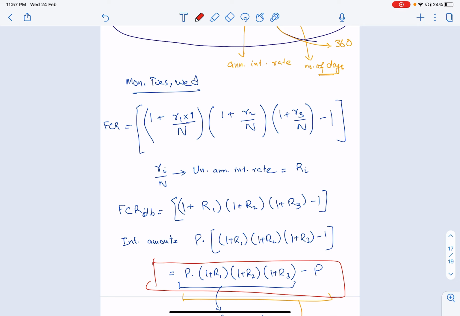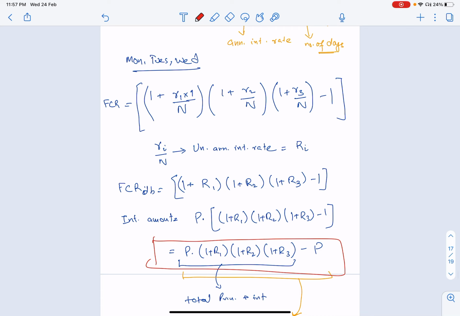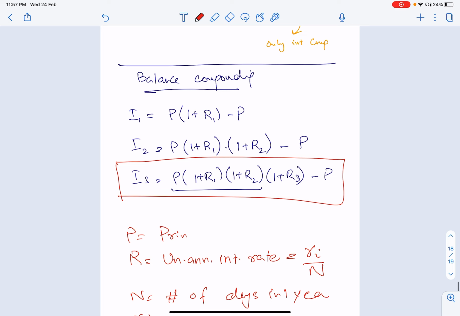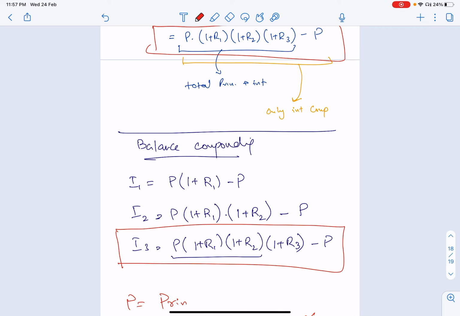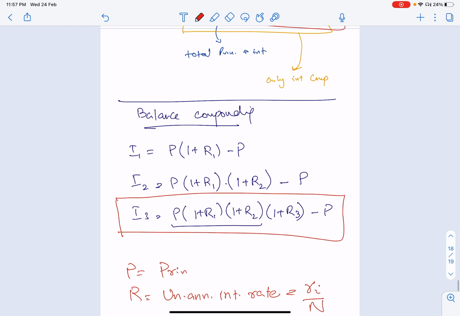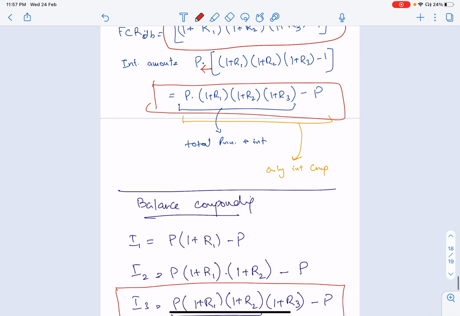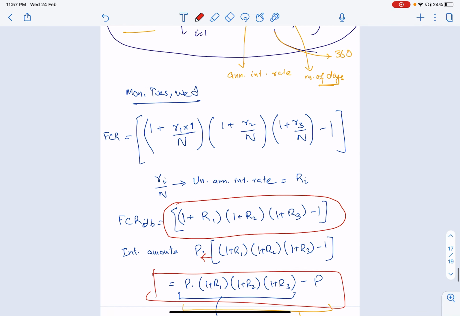Conceptually, in the rate compounding here, we are finding this component first, which is just the rate component, and then multiplying it with the principal. However, in the amount compounding or balance compounding, we are not calculating the rate for the period first. We are multiplying the rate with the principal as we go forward in time. So this is the only difference between the rate and the balance compounding. However, as you can see, at the end they both converge to the same equation.